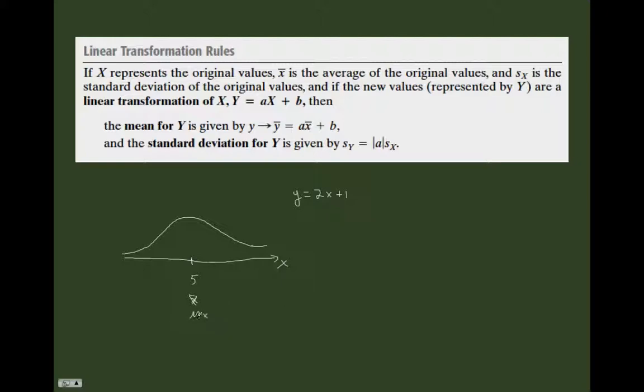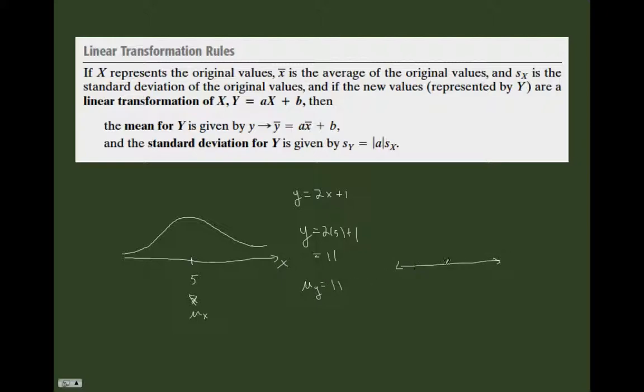If I take this average from x's distribution and put it through this transformation, I take 2 times 5 plus 1, and I end up with 11, because 10 plus 1 is 11. The textbook says that's y bar, but if we're talking about populations, it's mu sub y, or the new population's mean.